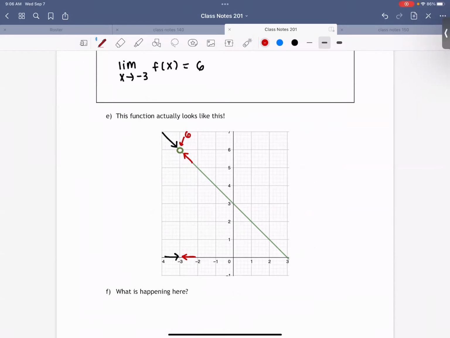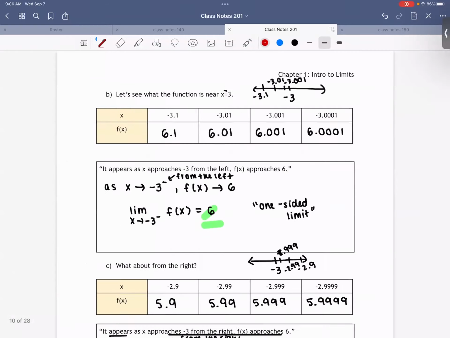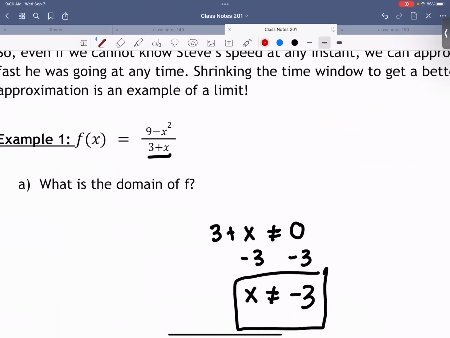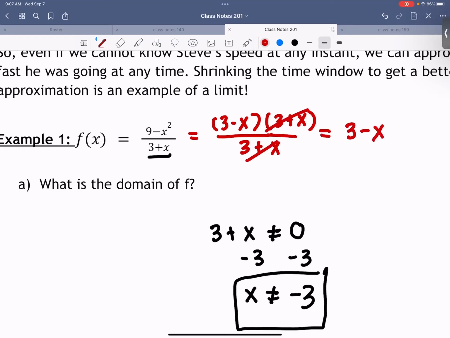It's a hole because let's take a look at our function here. Essentially, the top is 3 minus x times 3 plus x, if I factored it, right? We have 3 plus x here. Okay, these guys cancel and we're left with 3 minus x, right? Now, I can't say that these two functions are equal because they don't have the same domain, right?